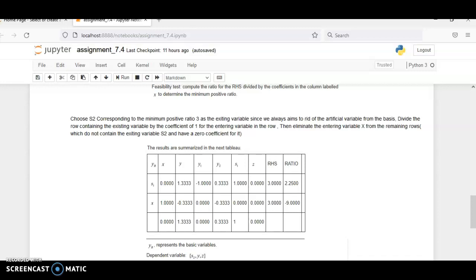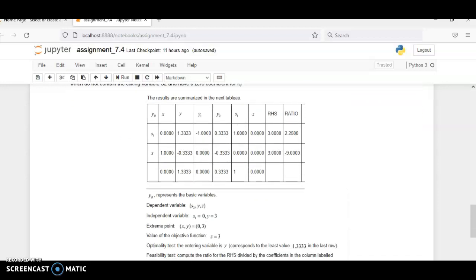Divide the row of the exiting variable by the coefficient of the entering variable in the row, giving a coefficient of 1. Then eliminate the entering variable x from the remaining rows, which do not contain the exiting variable, so they have a 0 coefficient for it. As a result we summarize the below table.